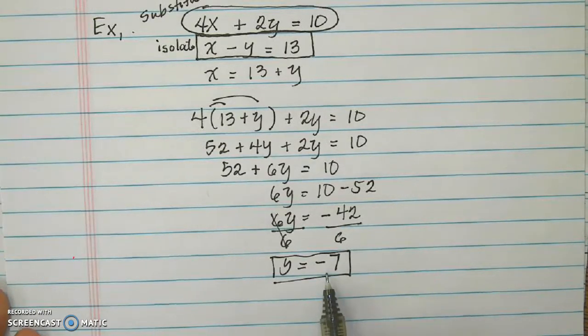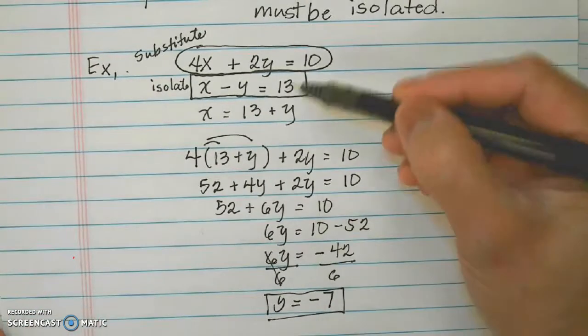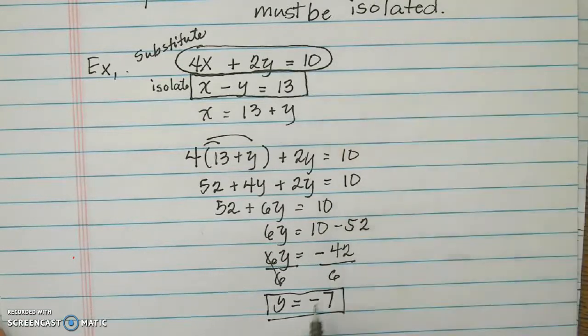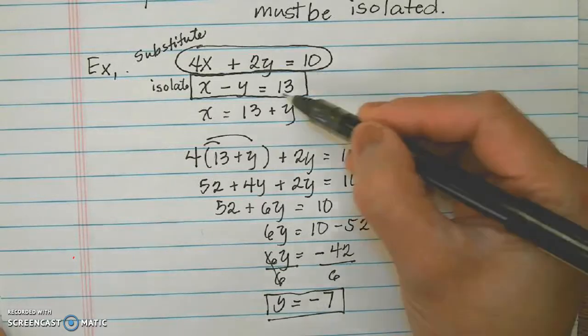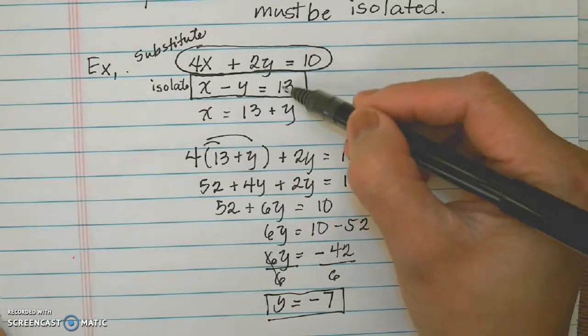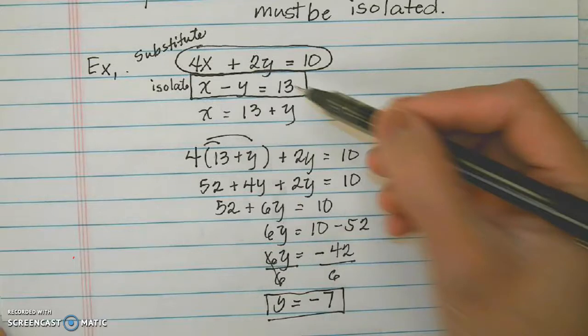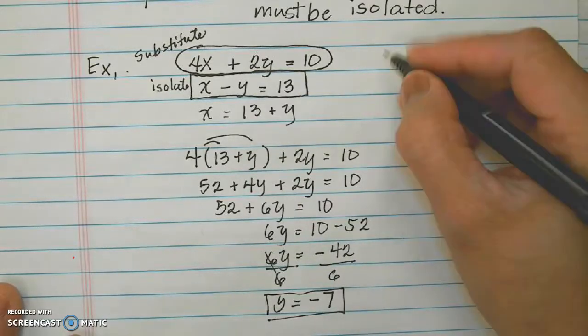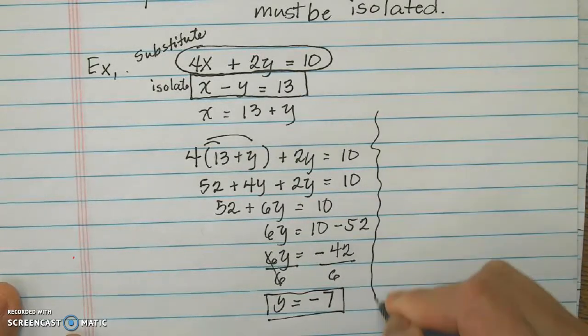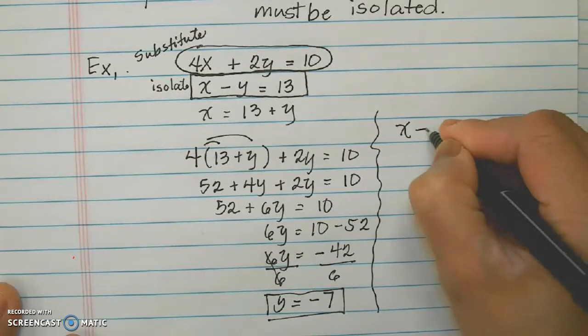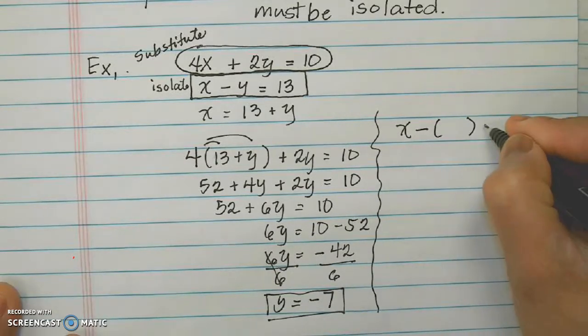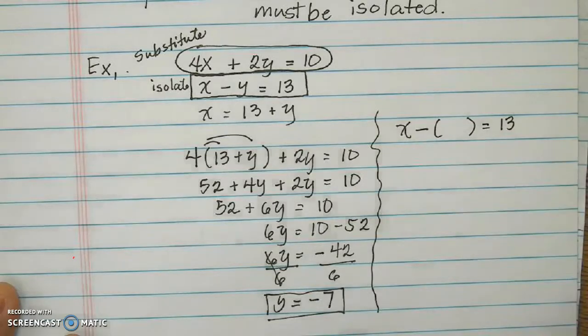What you wanted to do is to get either of the two. So you can replace the y with the negative 7. I am going to use, well, you can use both. I want to use this. So I'm going to go for x minus, and then again, parentheses equals 13.